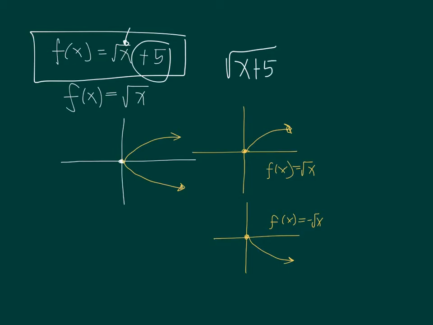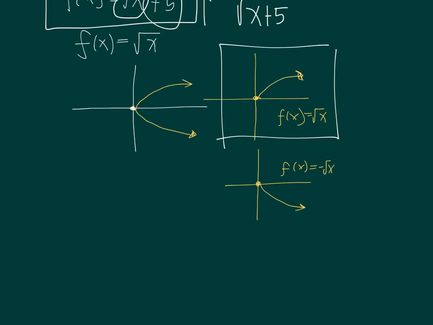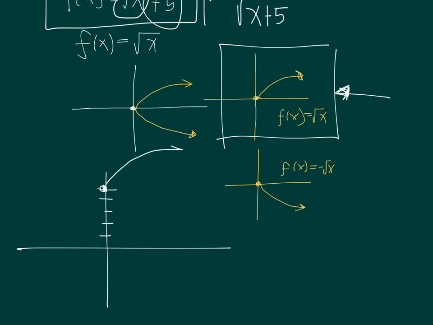The square root of x plus 5 means you move the graph 5 units to the left, but plus 5 outside means you have to move the graph 5 units up. So which graph? The graph of the square root of x, and this is what we need. The final graph should be based on this, but moved 5 units up. So 1, 2, 3, 4, 5, and then follow the orientation.